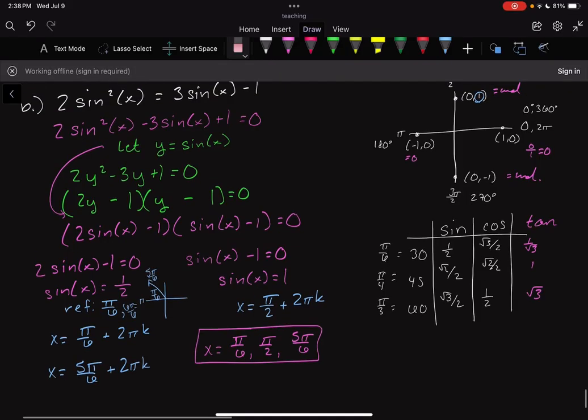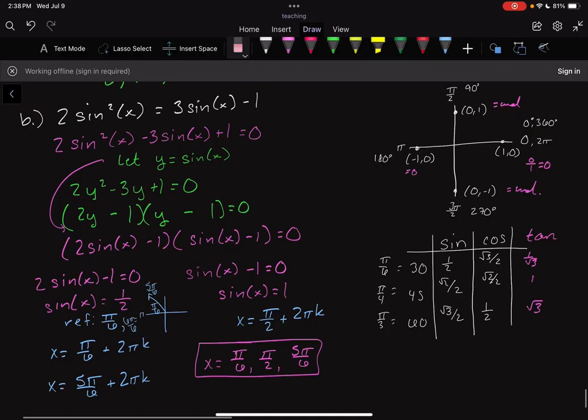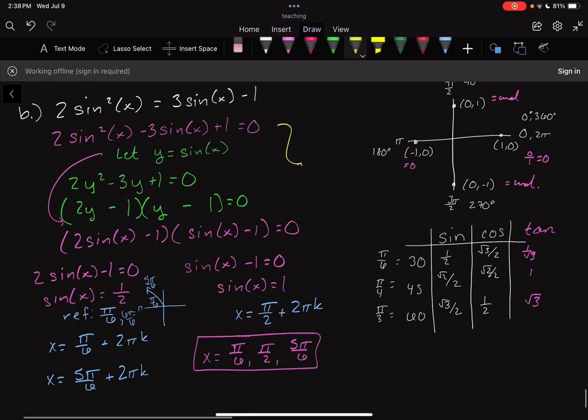But I will say that sometimes these can be intimidating, I think because they involve algebra at the beginning. And so it's kind of hard when maybe you aren't super strong in algebra to even get to the trig part of it, because all of this is algebra.